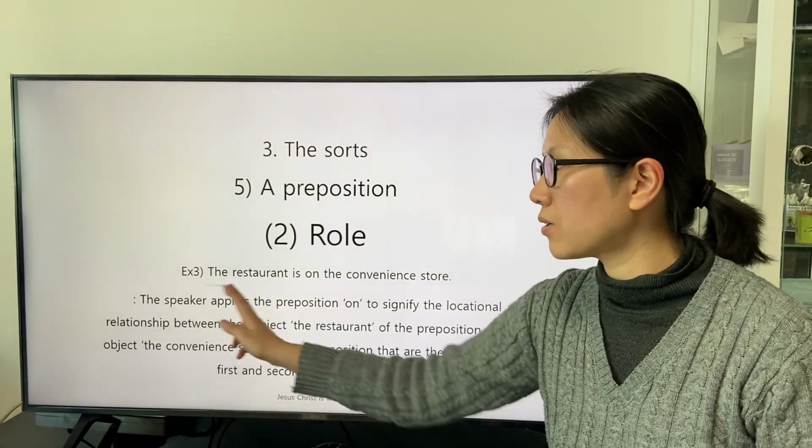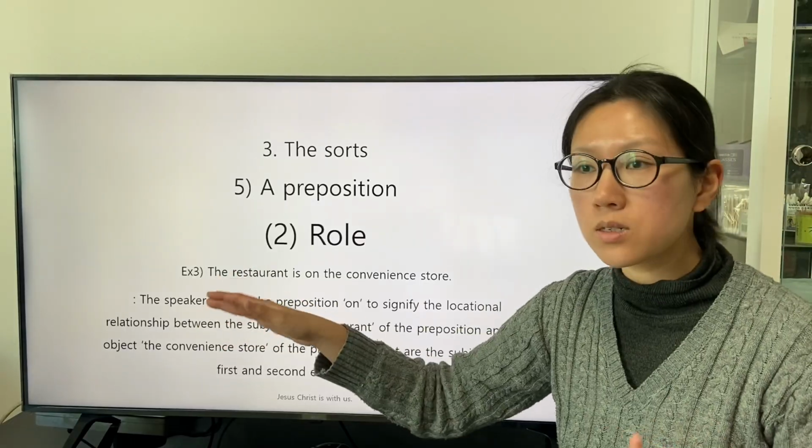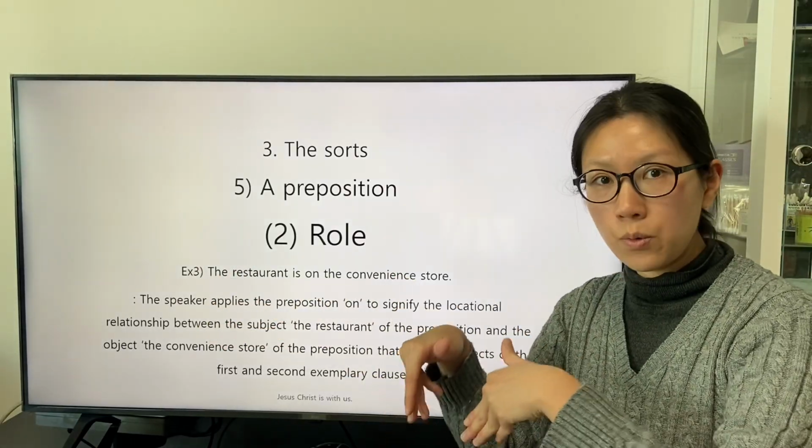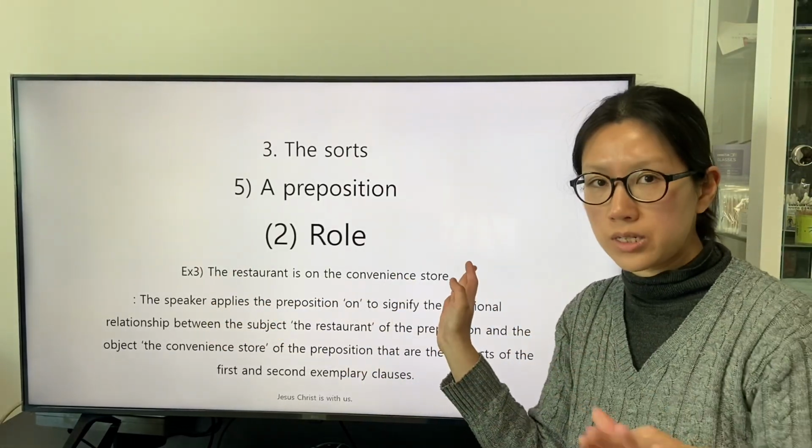Be verb is describes the existence of the subject, the restaurant, at the present when the speaker states this clause to the listeners.